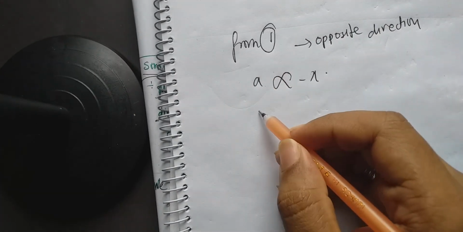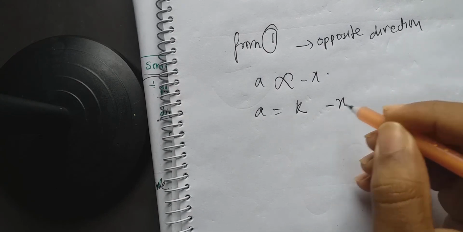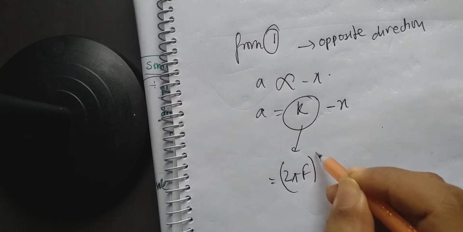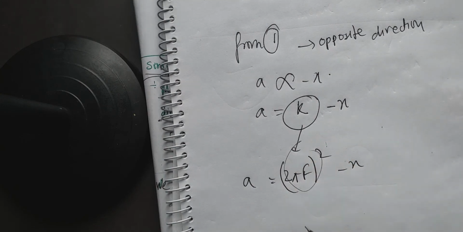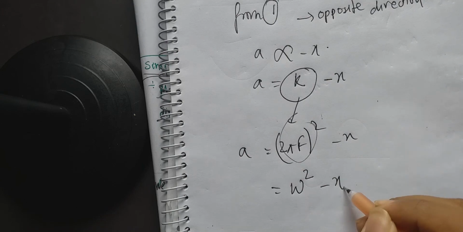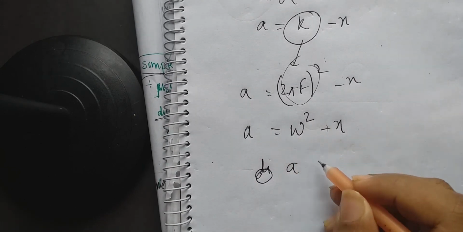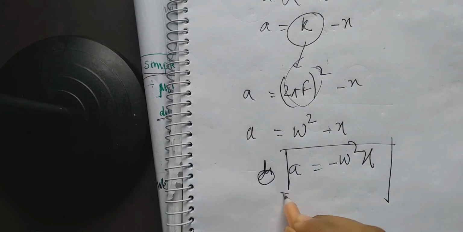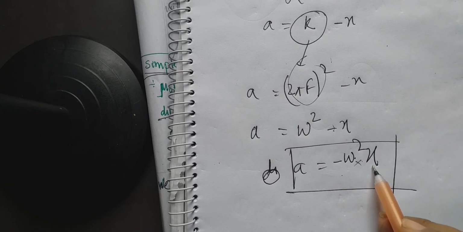And if you want to make it equal, you get a constant which is found out to be 2 pi f square, and we know that this is also omega square. So we can bring the minus in front of omega, and our overall equation is acceleration equals minus omega square times displacement.